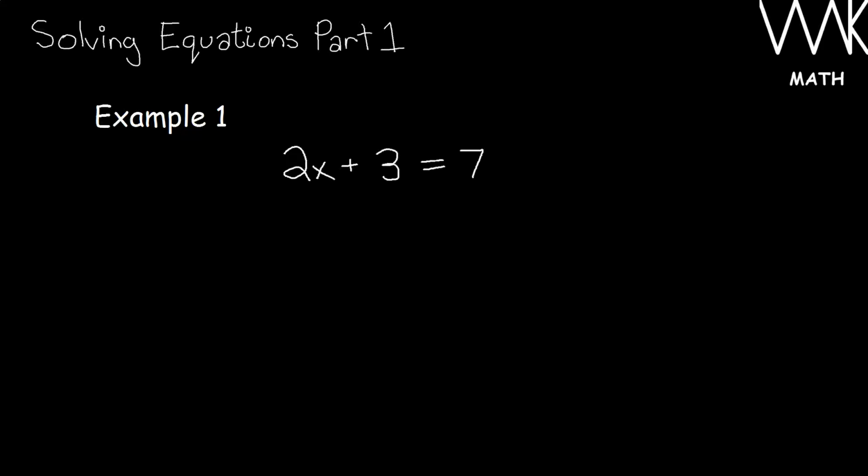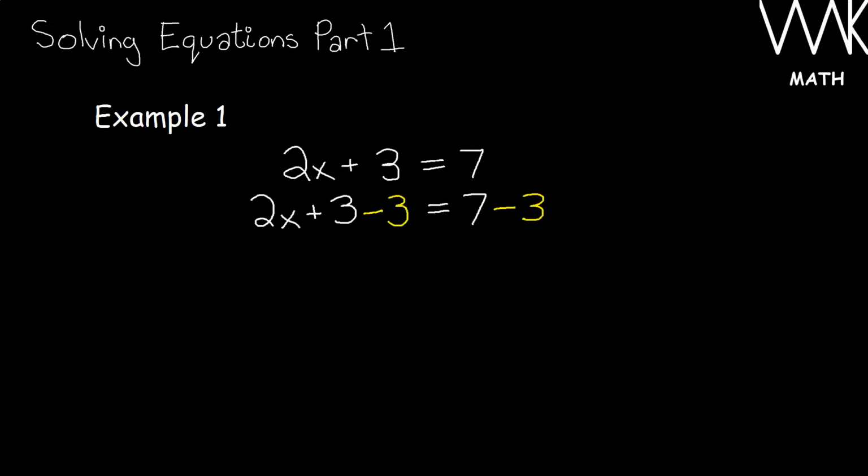The general strategy when dealing with this case is that we deal with the addition or subtraction term first before dealing with the multiplication or division term. The first move is that we want to get rid of the plus 3 term on the left side. To do that, we use the idea of opposites attract and subtract 3 on the left side.